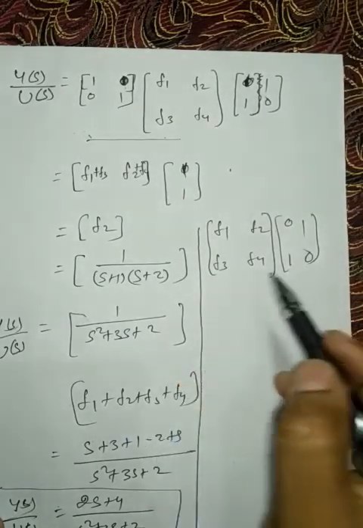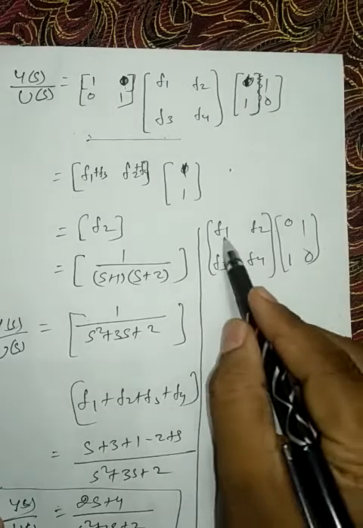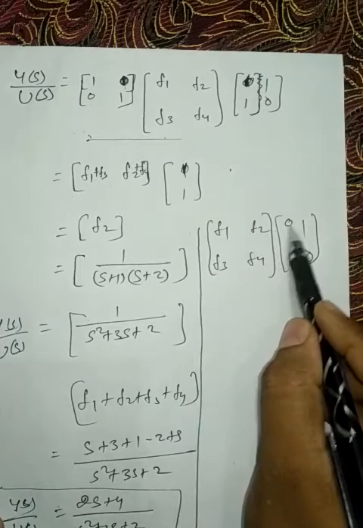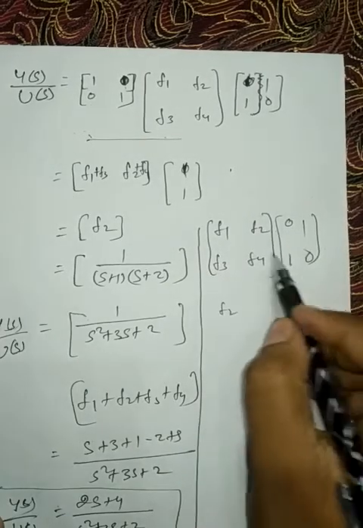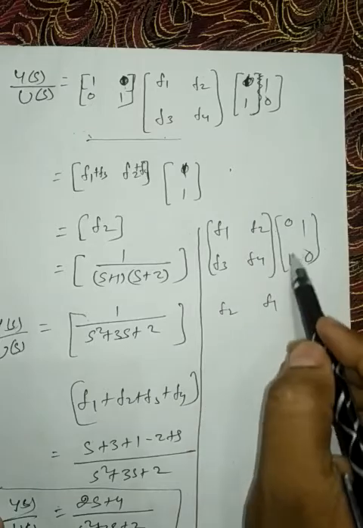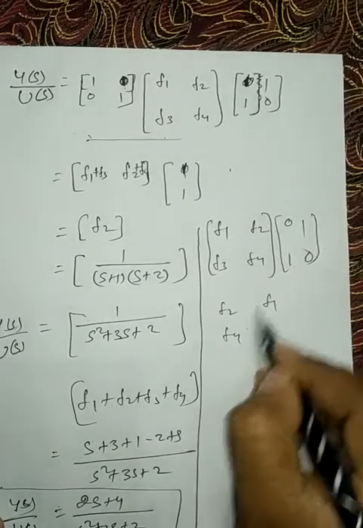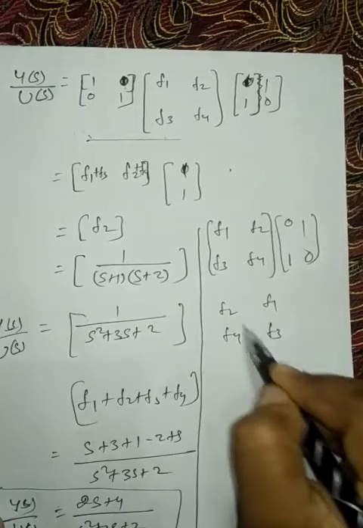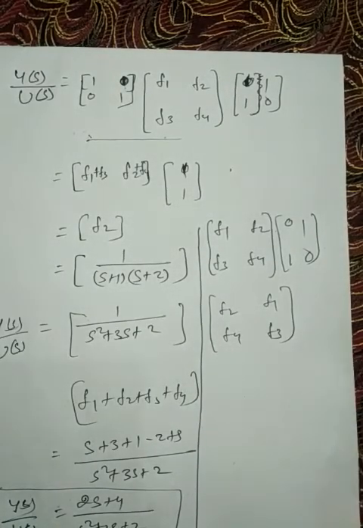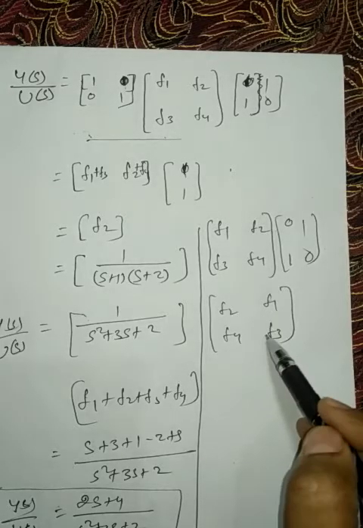Here what will be the solution? After multiplication, f1, 0, f2, here f1, here f4, and here f3. This is our transfer function for the 2 input 2 output system.